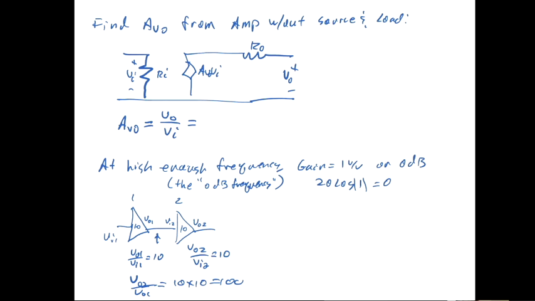And if we looked at that in dB, a gain of 10 in dB is 20, so it'd be 20 plus 20 equals 40 dB. And we could keep adding stages. Every time we add a stage, the gain from here all the way back to here is just the product of these individual gains.